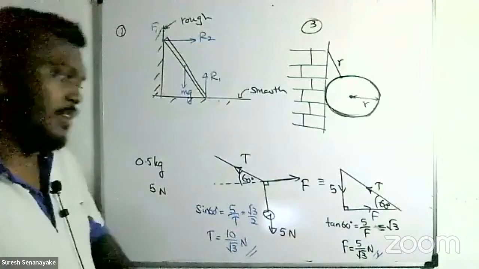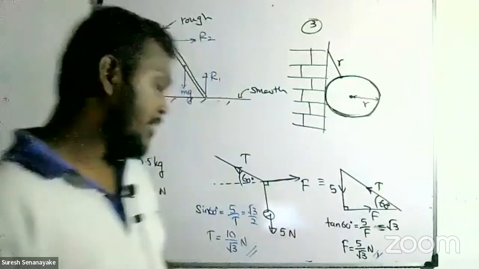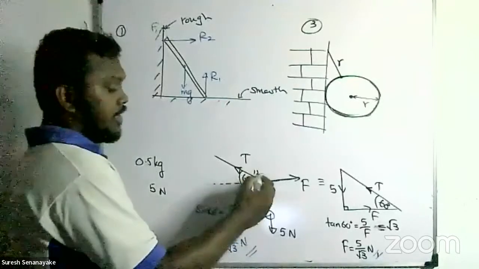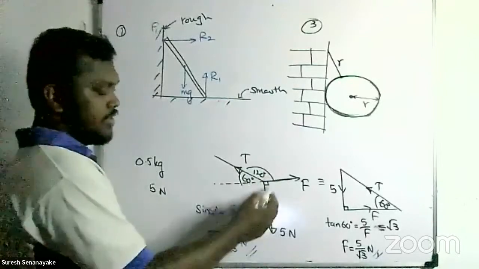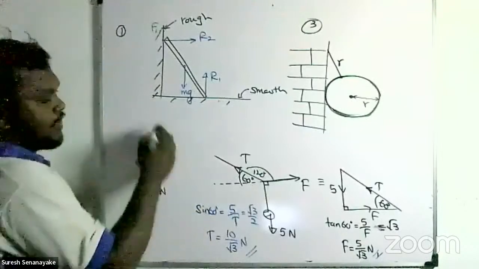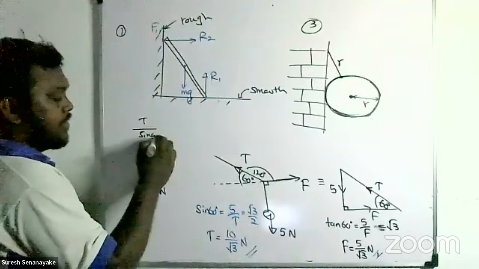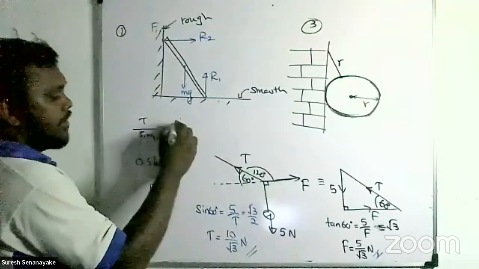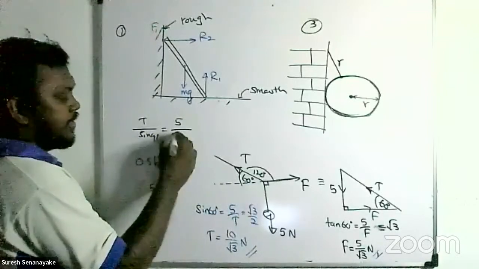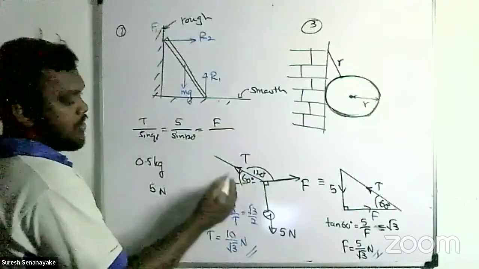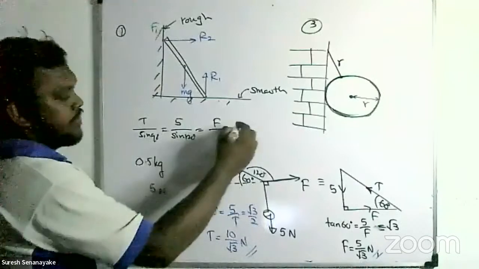This is the general method I'm doing. Lami's theorem can also be applied. This angle is 120 degrees and this is 90 degrees. So you can write T divided by sine 90 equals 5 divided by sine 120, and F divided by sine of this angle, which is 150.